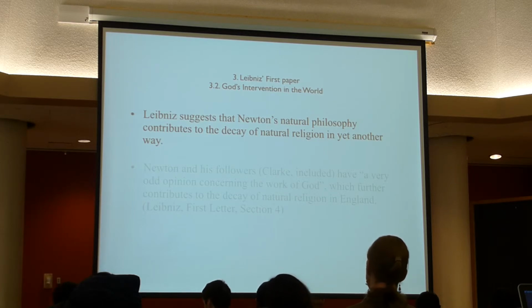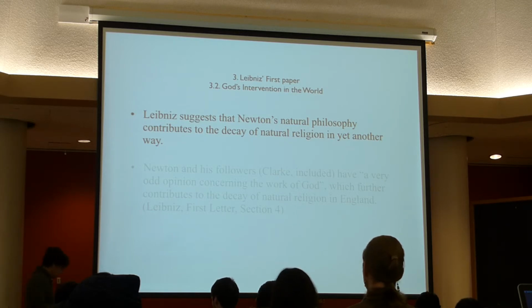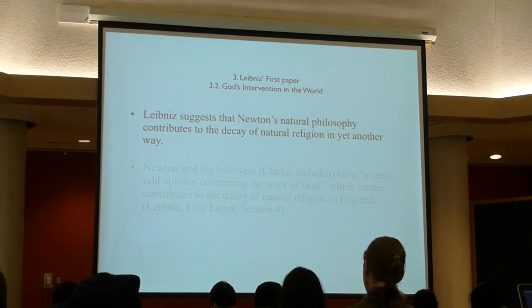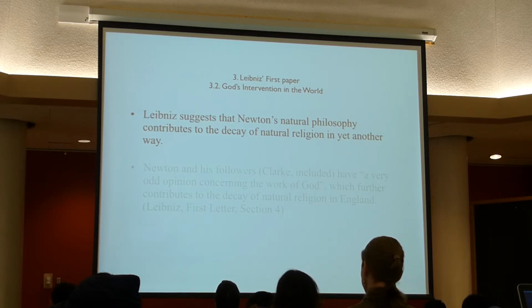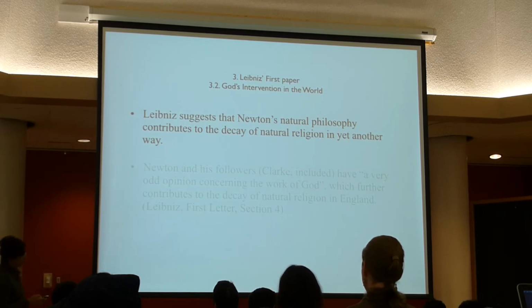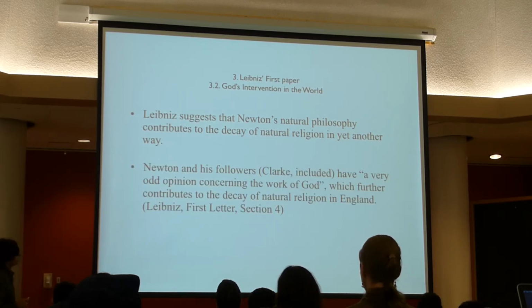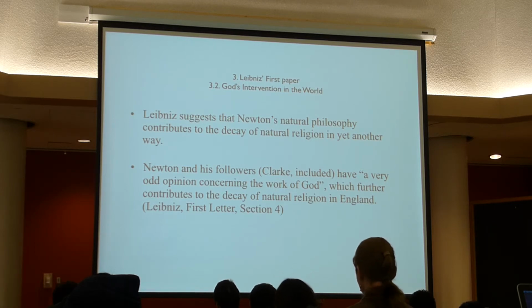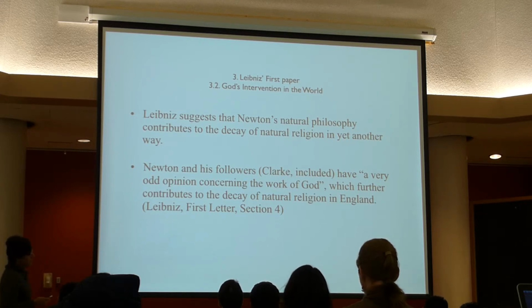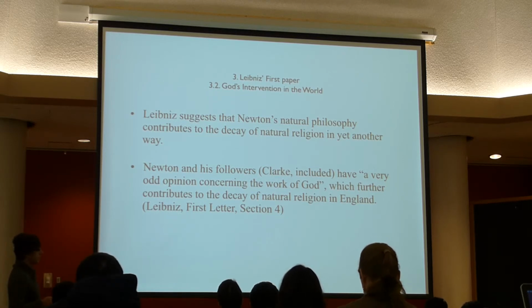So he suggested that another reason why Newton's natural philosophy contributes to the decay of natural religion is that according to this natural philosophy, God has to intervene in the world. So Newton and his followers, that's what Leibniz says, have a very odd opinion concerning the work of God, which further contributes to the decay of natural religion in England.